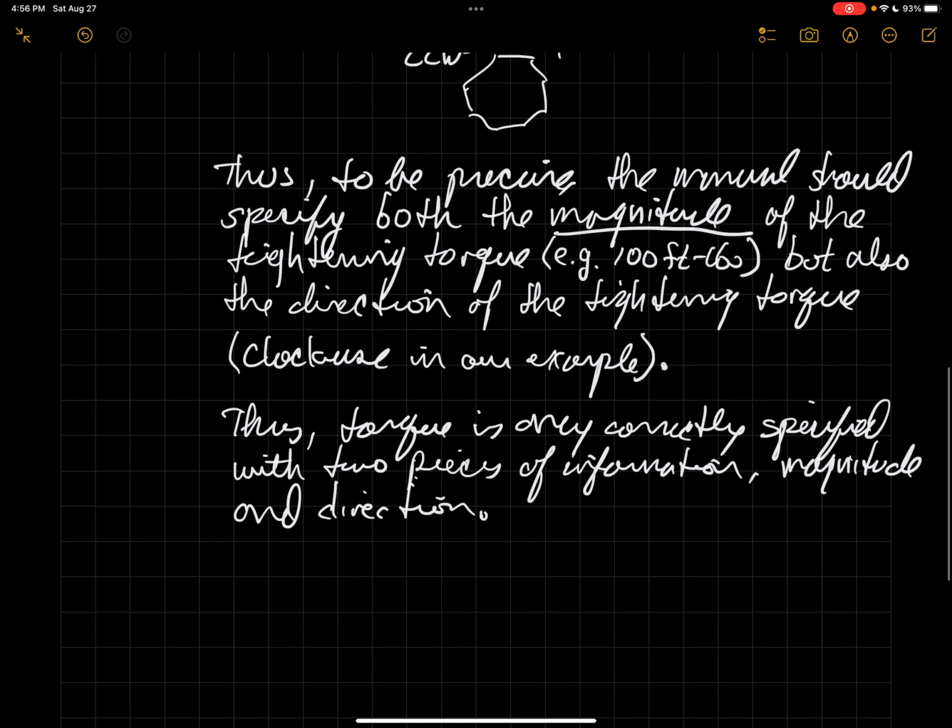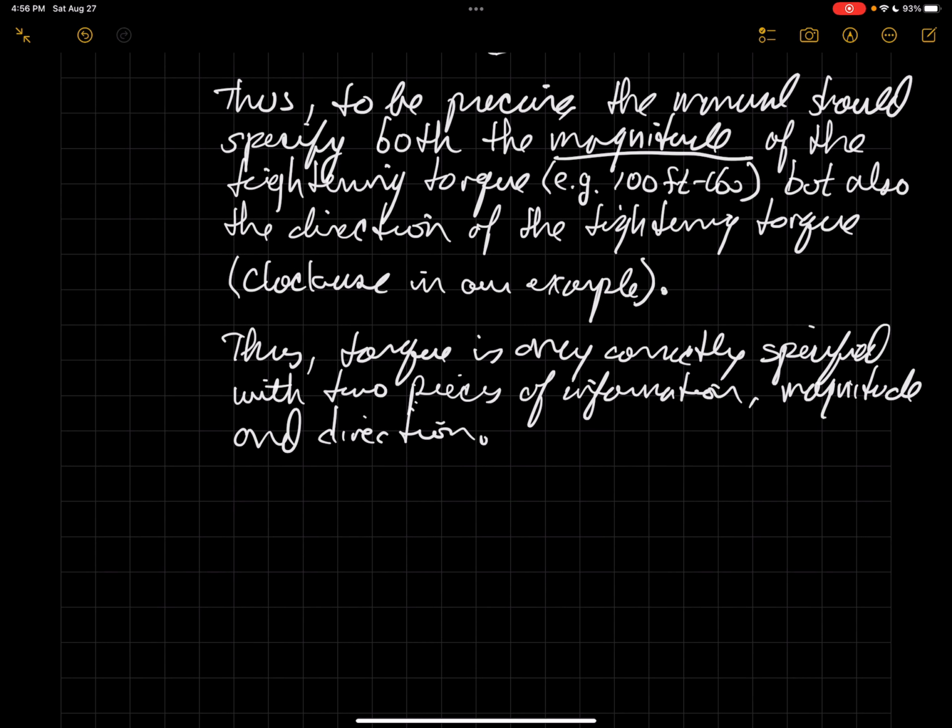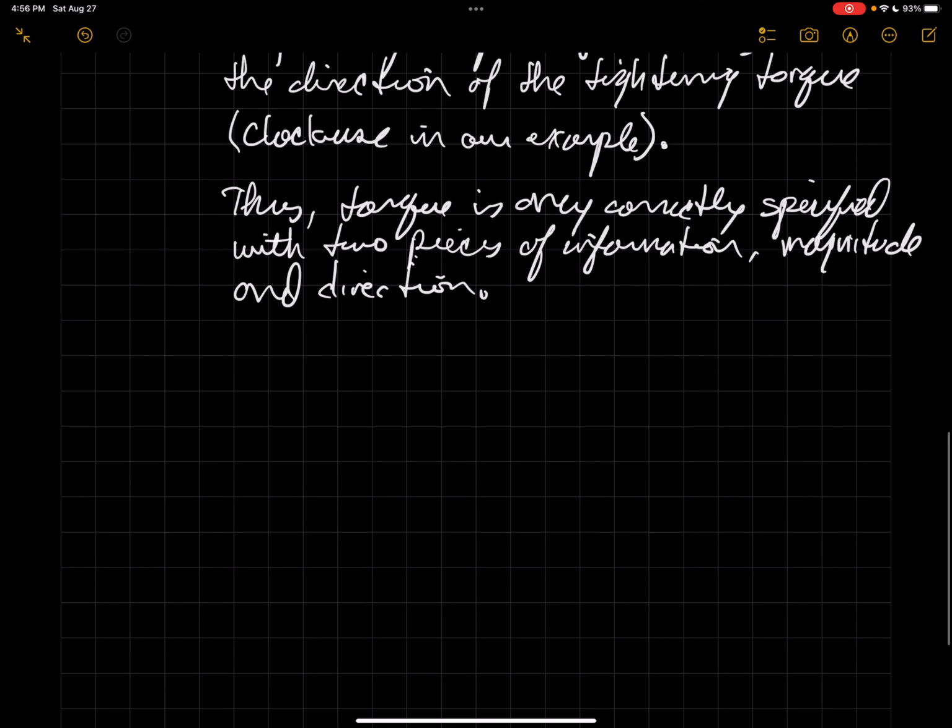Okay, so let's take another example. And in this case, this example is one that is going to start to make the connection for us to our ultimate development of vectors and vector addition.